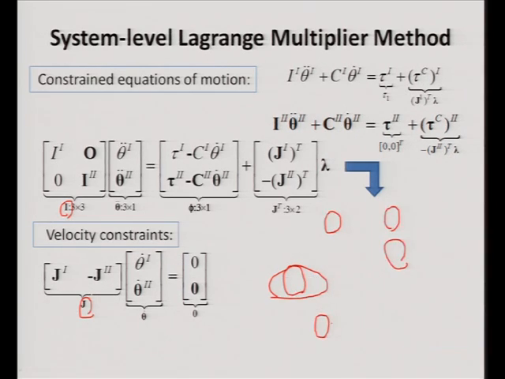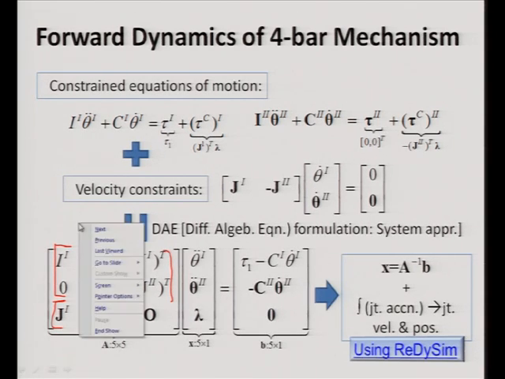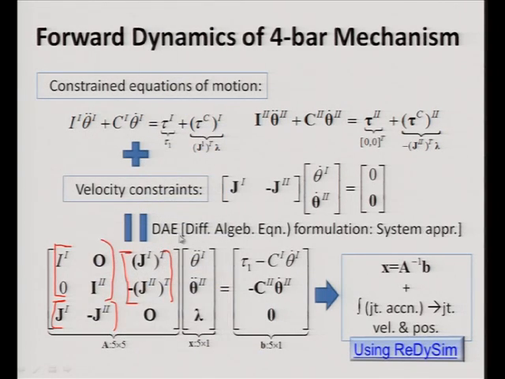Here I wanted to just mention that this kind of formulation is called the DAE formulation in forward dynamics. What is the meaning of DAE? Differential algebraic equation. The first set of equations are differential equations and the last equation is coming from the position constraints A 0 plus A 1 plus A 2 plus A 3, and I have double differentiated it to get this expression.